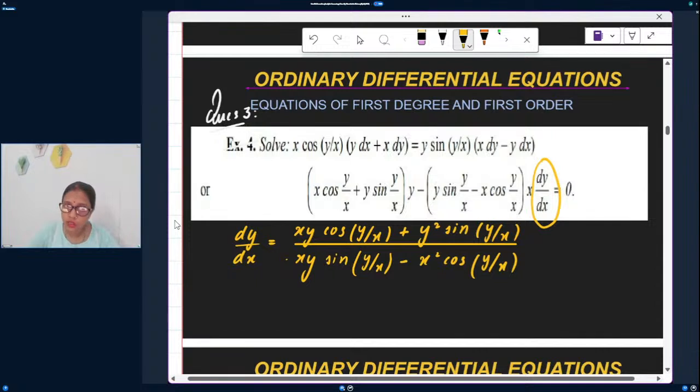Right now I cannot say that it's homogeneous because of these. If I see x and y in the function, then it always has to be of the form y by x. What I can do is divide by x square in both the numerator and denominator, or take x square common, and then I have to take y by x.